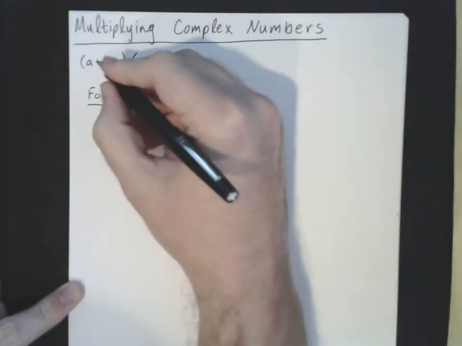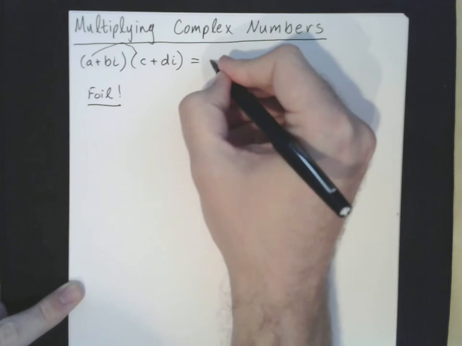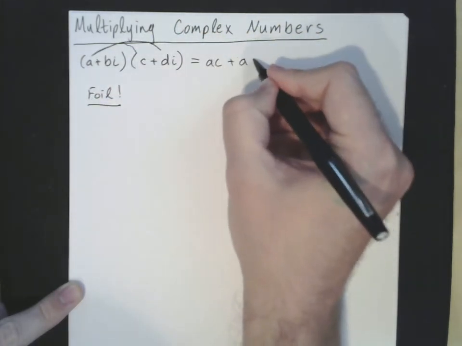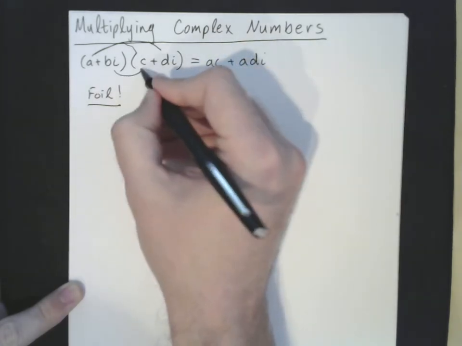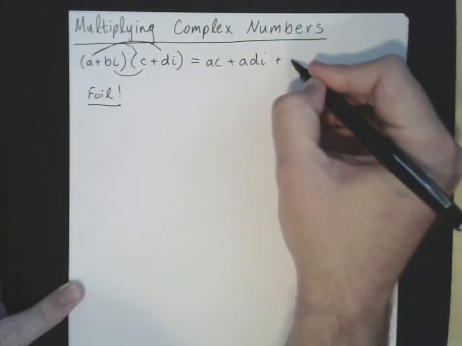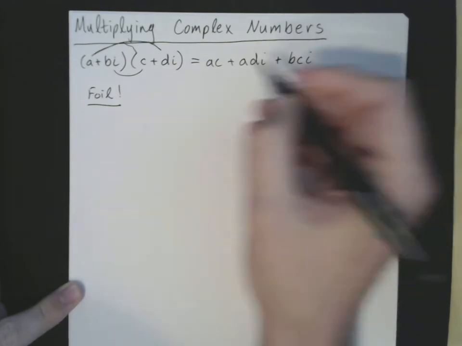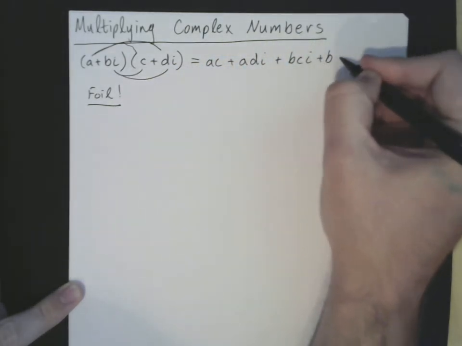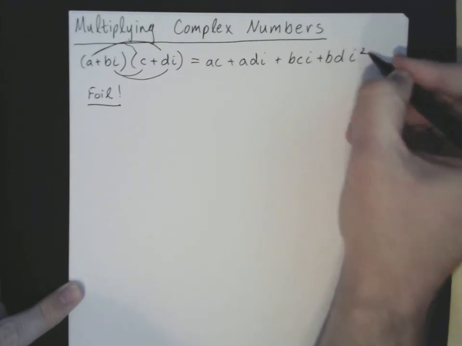So we have a times c, a times di, bi times c, bci, and bi times di, which would be plus bdi squared.